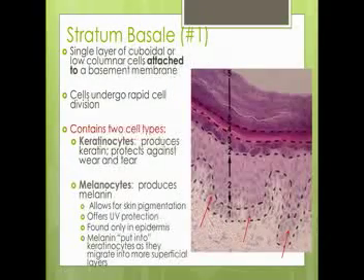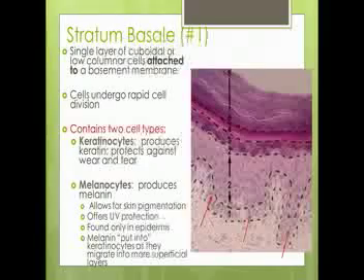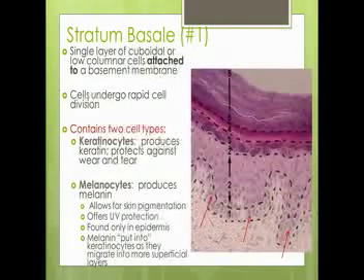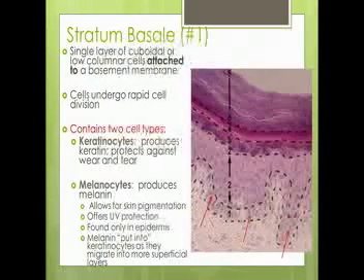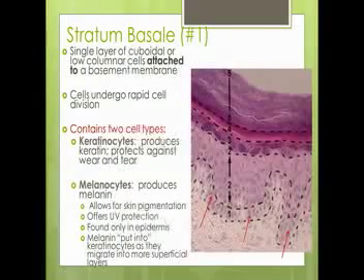When melanin is produced by the melanocytes here in the stratum basale, the melanin actually then gets put into the keratinocytes that are migrating superficially. What does this mean? Melanocytes stay in the stratum basale. The keratinocytes are the ones that migrate from the stratum basale to the more superficial layers.